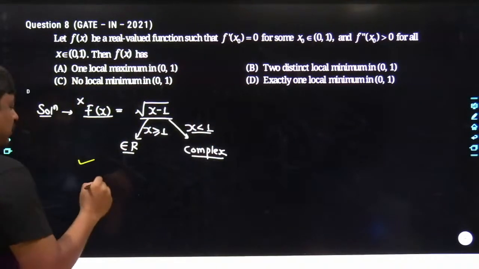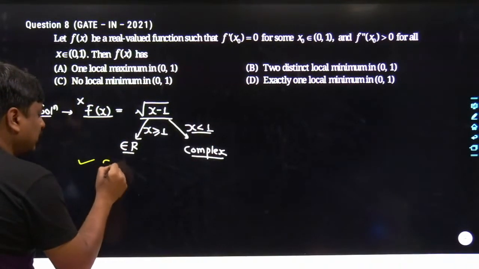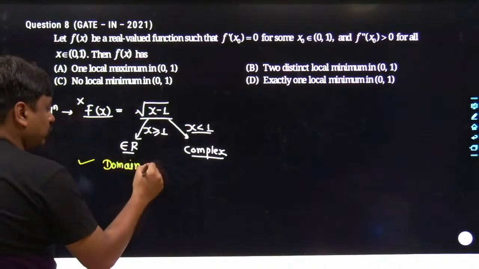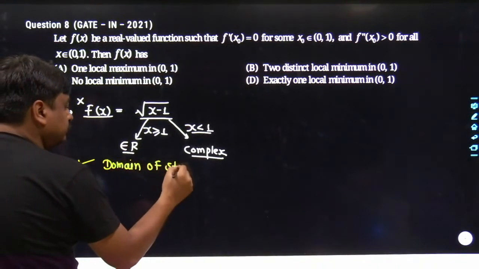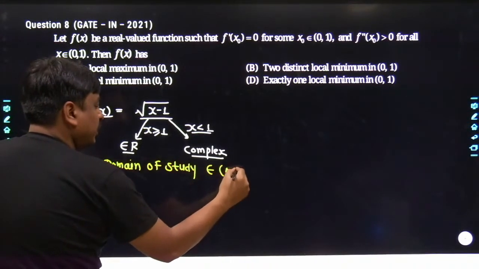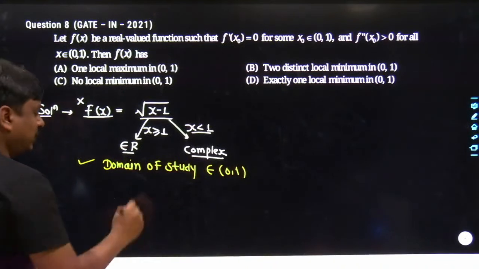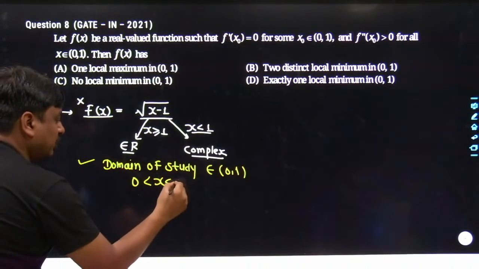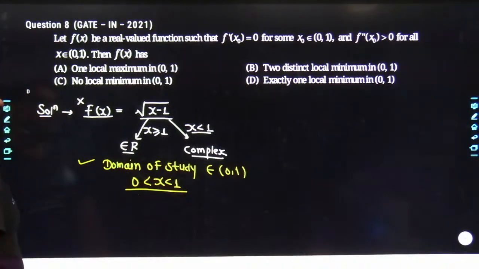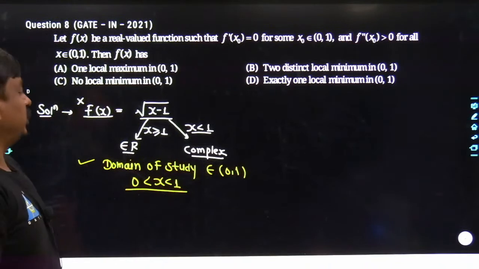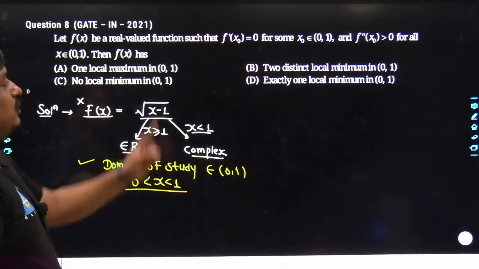So one thing is quite sure: the domain of study for at least this problem has been the open interval of 0, 1. That means x falls between 0 and 1, excluding 0 and excluding 1. This has also been given along with this problem.